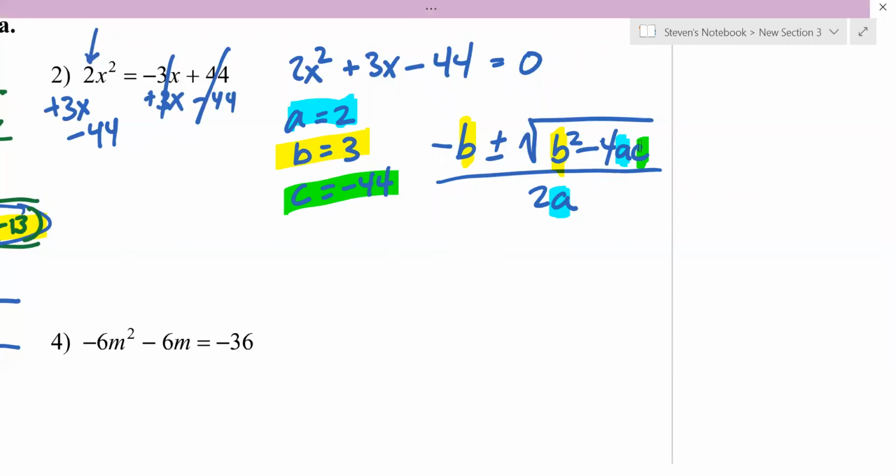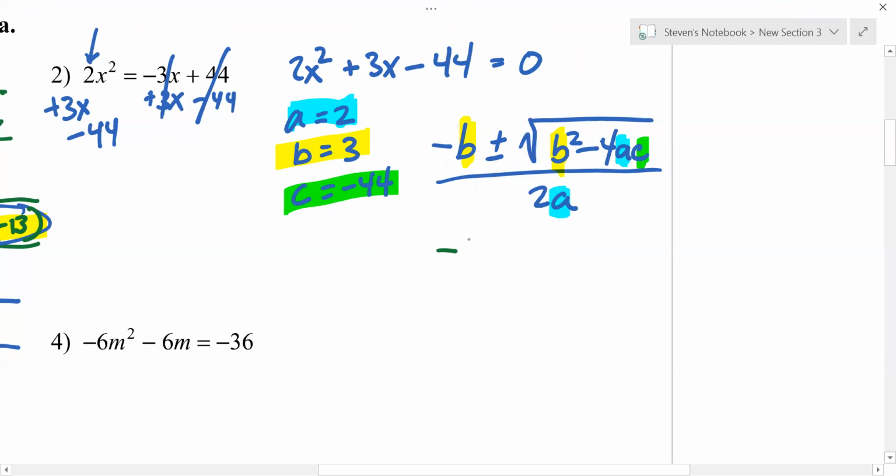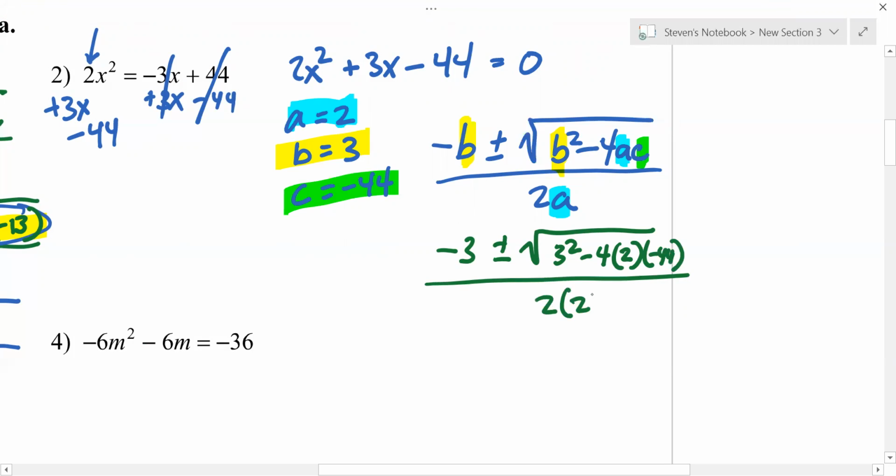So let's carefully plug in, and then we'll work out the math. So I have negative 3 plus or minus the square root of 3 squared minus 4 times a, which is 2, times c, which is negative 44, all divided by 2 times a, which is 2. Okay, so let's simplify here. Let's go underneath the square root. 3 squared is 9, right?